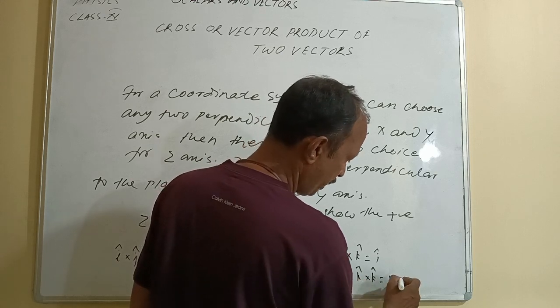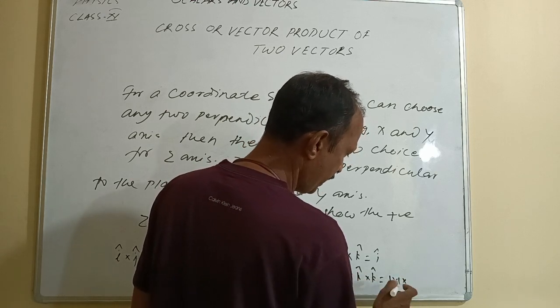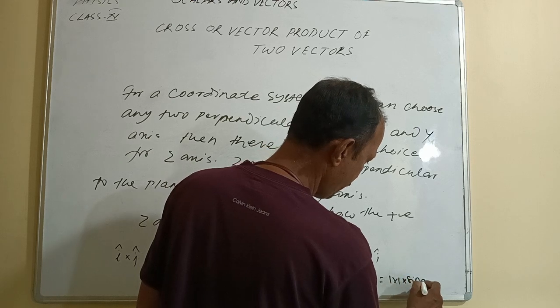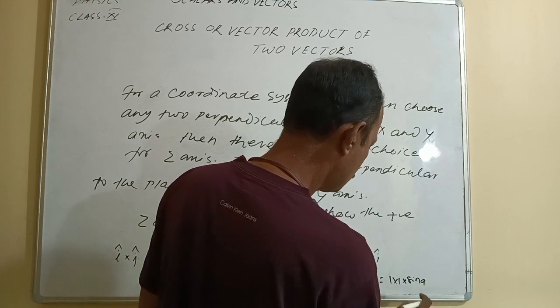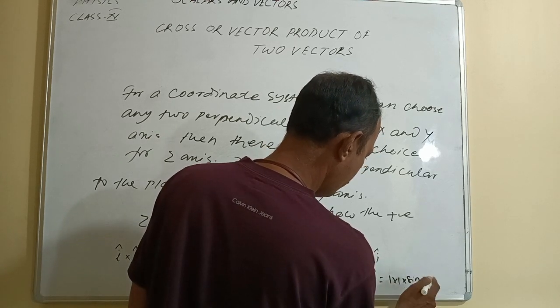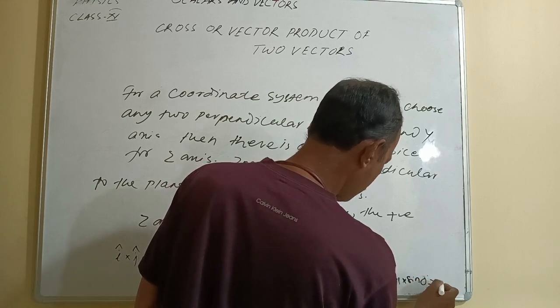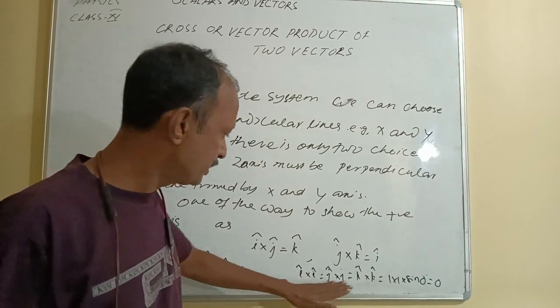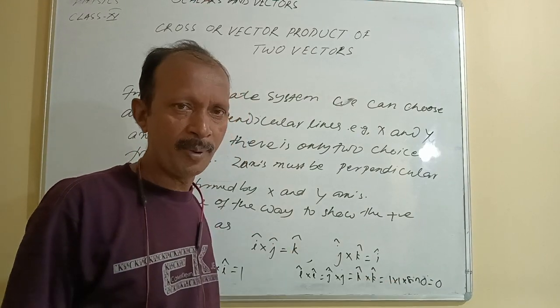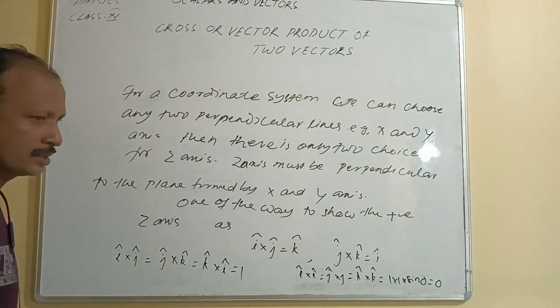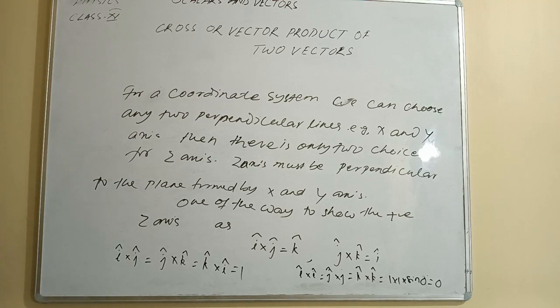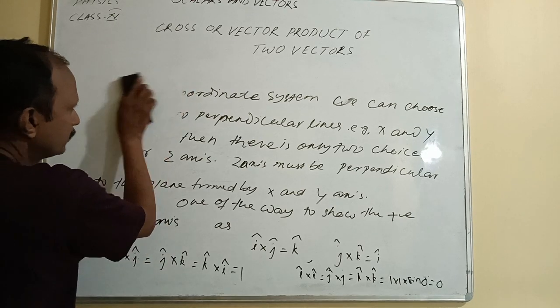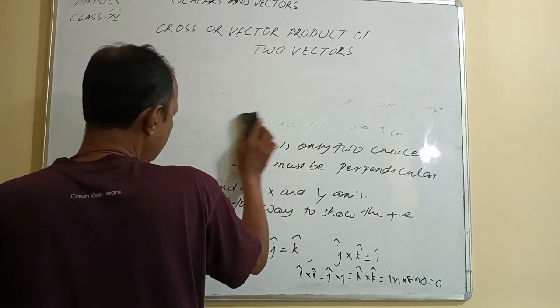So its magnitude is 1, and this is sin theta, that means sin 0 degree. Okay. So you know that sin 0 degree is equal to 0. So in this case the vectors are parallel, and in the earlier case the vectors are perpendicular.